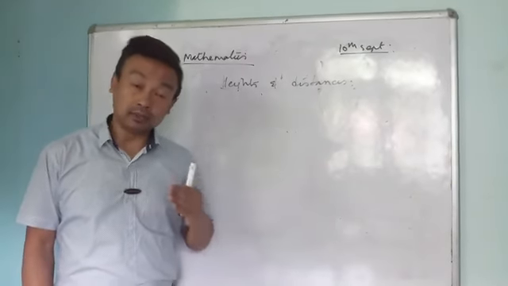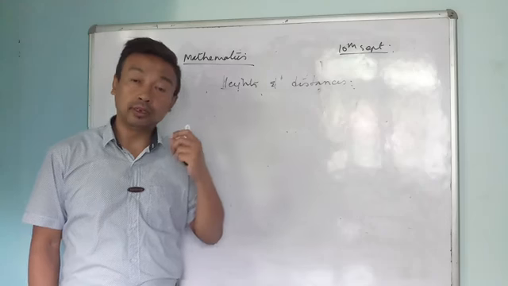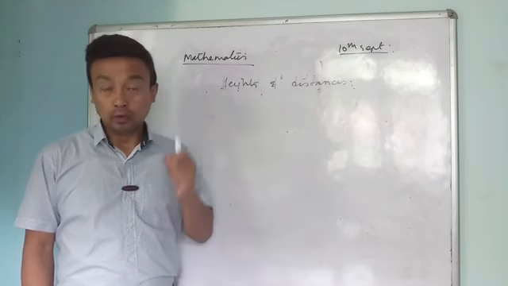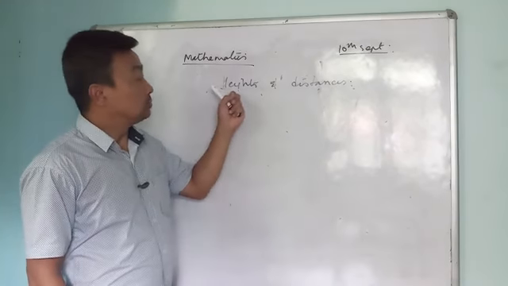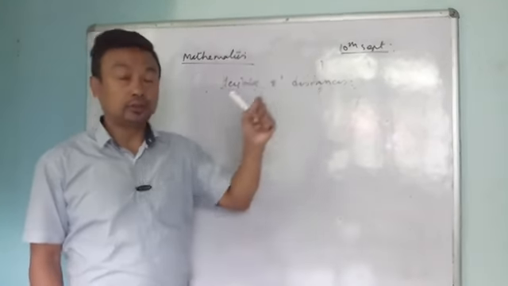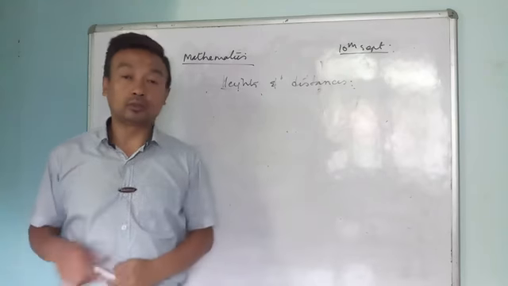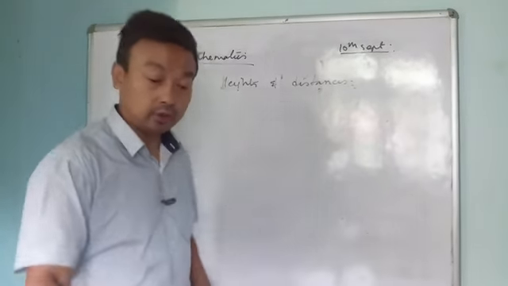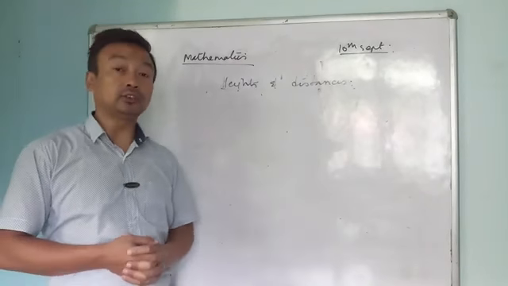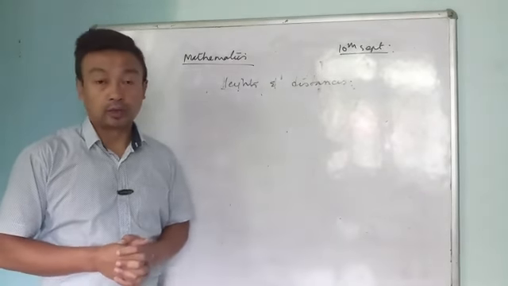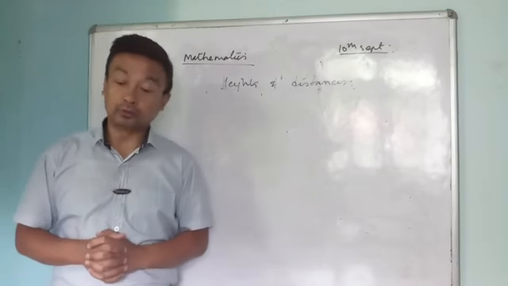You cannot measure them in actual. So we make use of this concept, heights and distances, the practical application of trigonometric ratios. To find the heights and distances of various objects, we have to understand two terms.